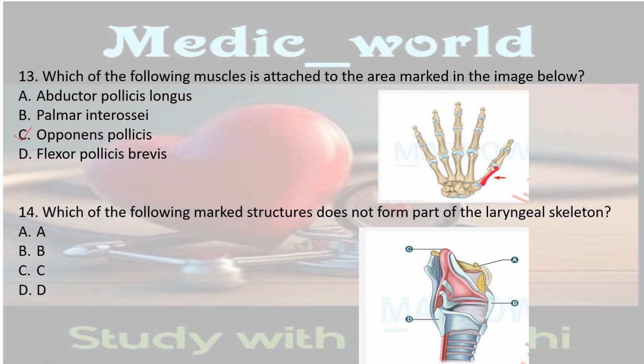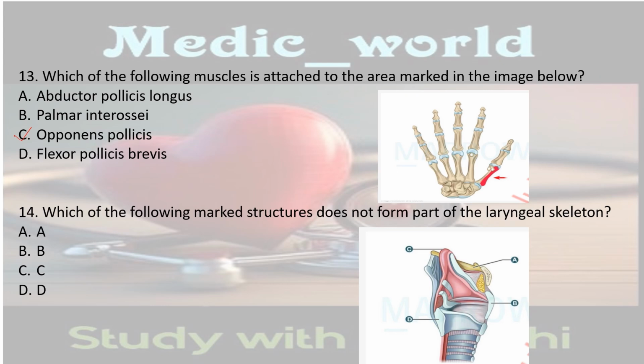Now the next question. Which of the following marked structures does not form part of the laryngeal skeleton? The structure marked as A is the hyoid bone, and it doesn't form part of the laryngeal skeleton. Let's identify all the other structures.